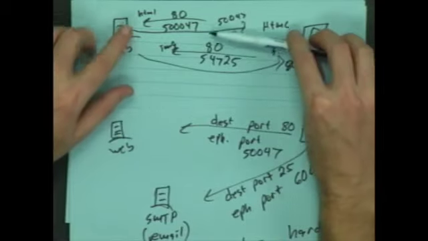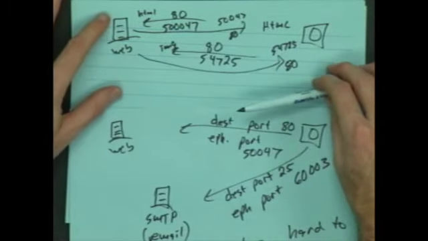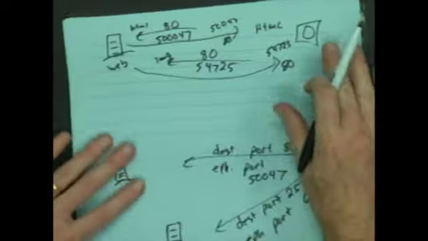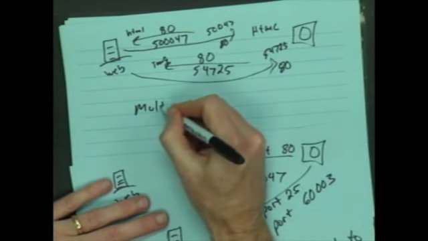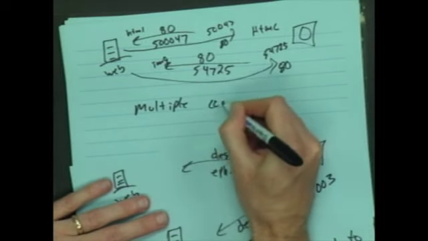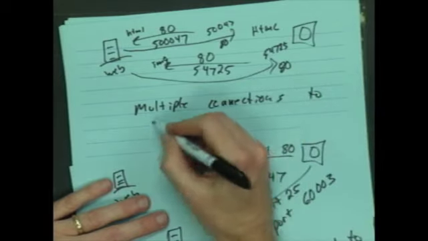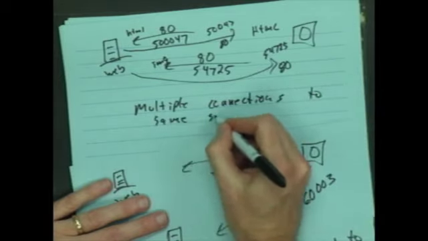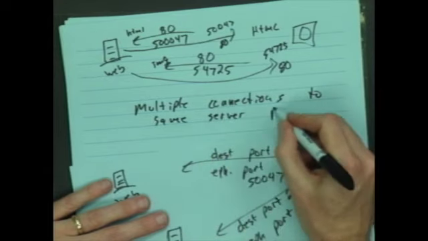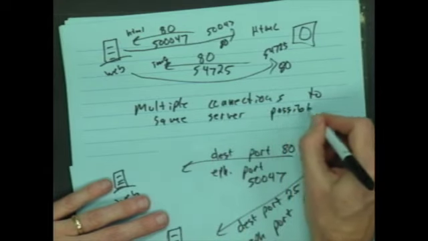And it makes it so the whole page is going to appear faster. So I can open multiple connections to the same server. And we'll just put here it's possible.